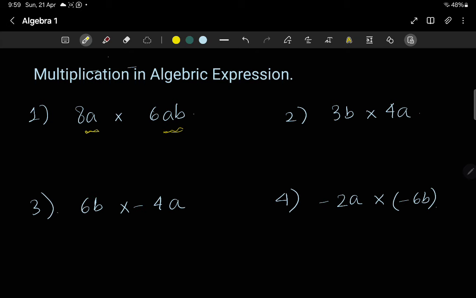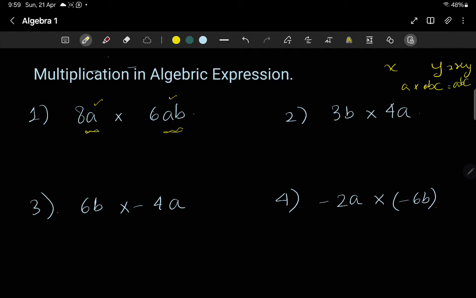If variables are different, we can multiply. We can multiply x with y, so it becomes xy. If you multiply a with bc, it becomes abc.